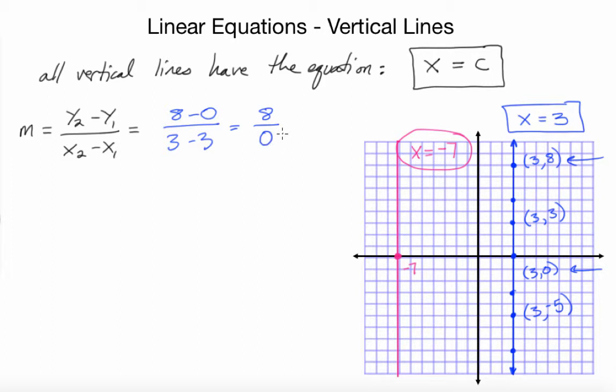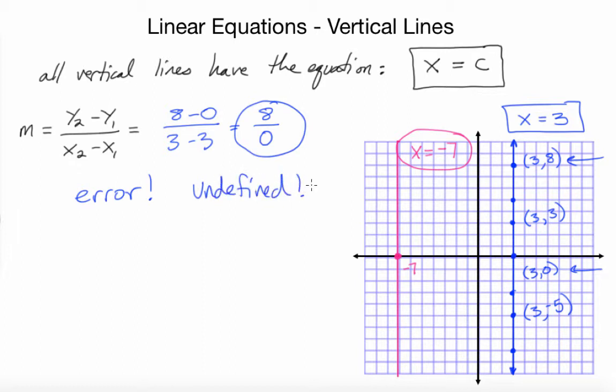So this is telling me that there is no change in my x values, but there is a change of 8 in my y values. However, if you simplify this, if you pop 8 divided by 0 in your calculator, you get an error or you get a message saying undefined.